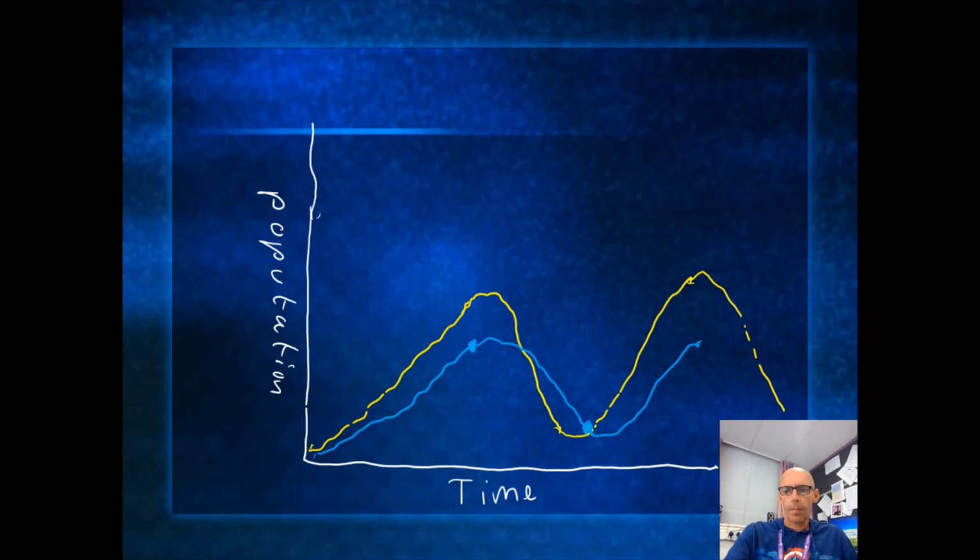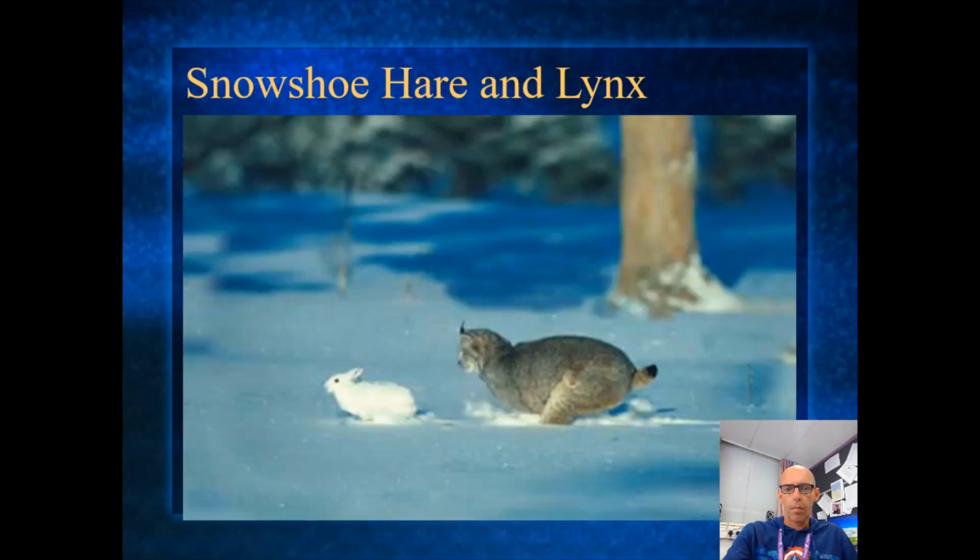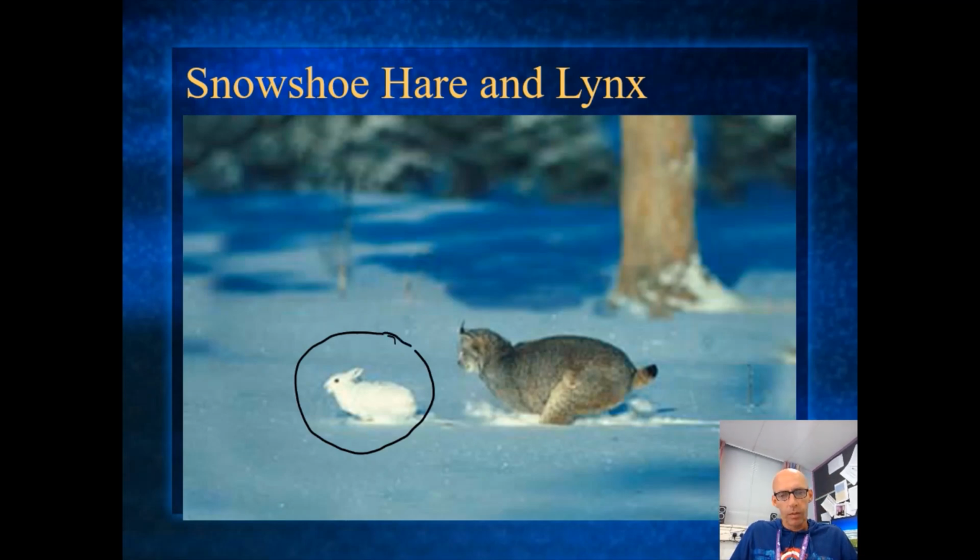So, these two animals, and the reason I'm showing you pictures of them are, this here animal is called a snowshoe hare, living up north, not in this country, but in North America, and this is the lynx.